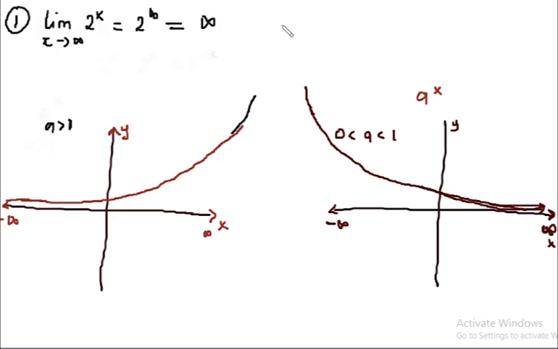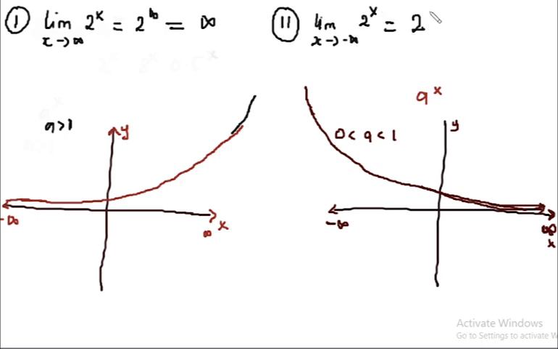For a counter example, say we are asked to find the limit as x approaches negative infinity of 2 to the power of x. You can pause the video and try to solve this one yourself. Like before, I'll simply plug the infinity value into the x value here.